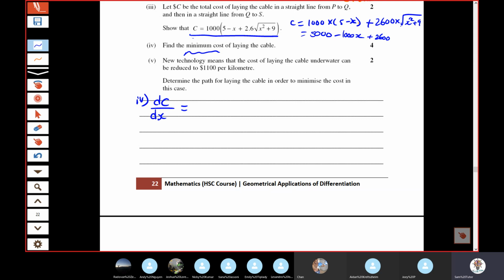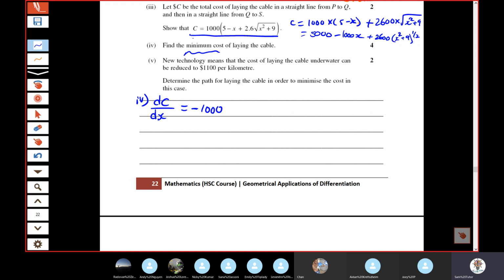And then again, what am I going to do with my surd? Power of a half. There we go. Now that looks like something I can use. Because what's the derivative of 5,000? 0. What's the derivative of negative 1,000x? Negative 1,000.